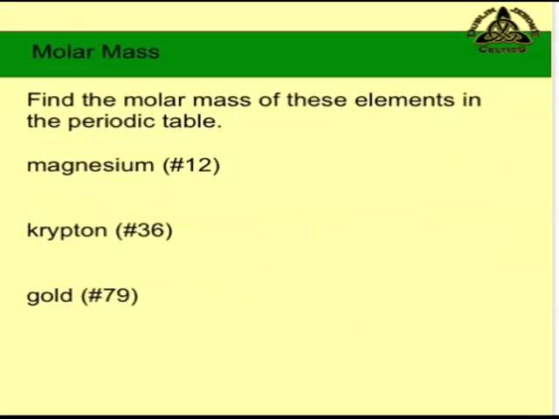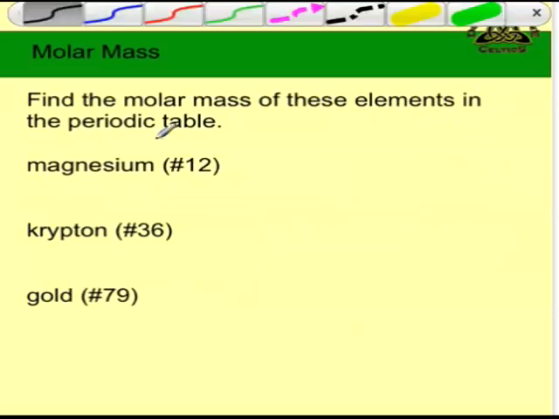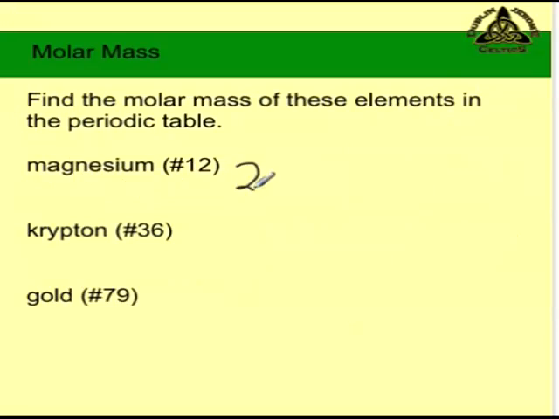Let's practice this by finding the molar mass of these elements in the periodic table. Magnesium is number 12. It's on the left side of the periodic table. And you'll notice that its molar mass is 24.31 grams.